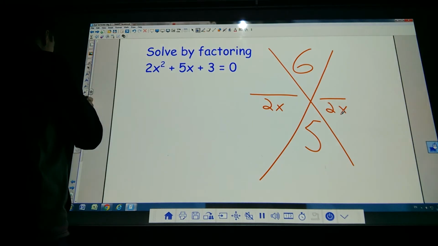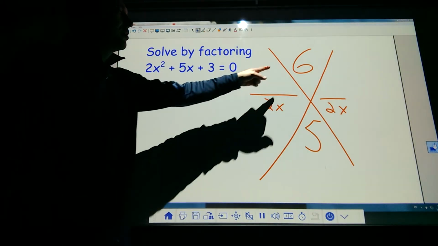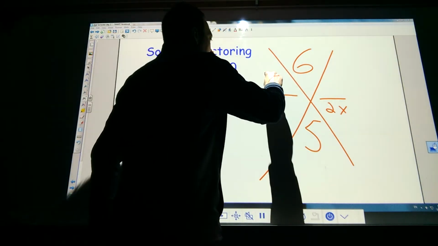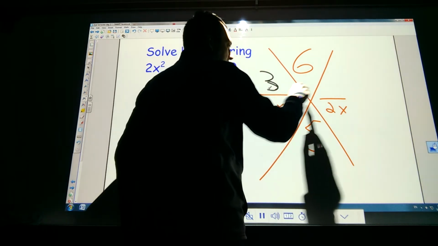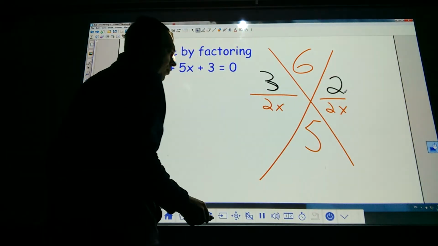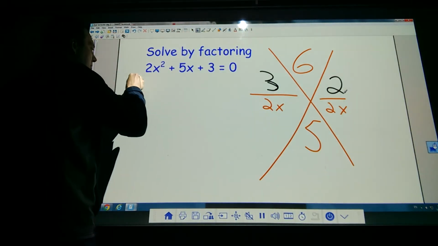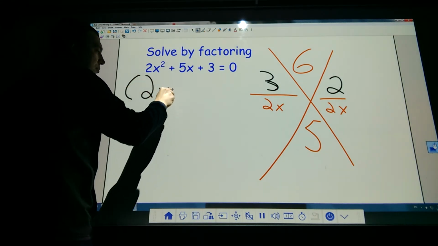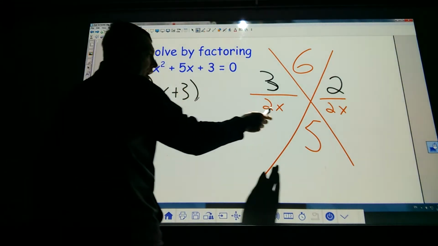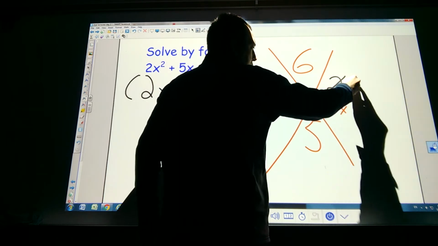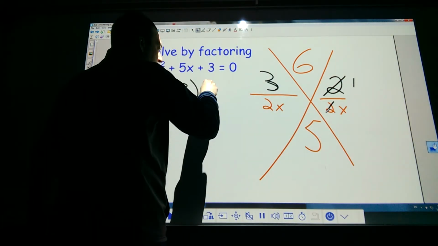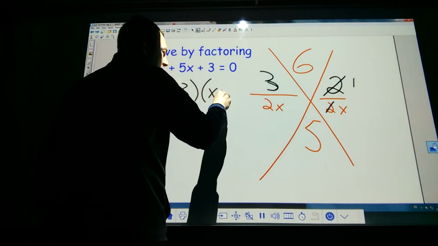What 2 numbers multiply to give me 6 and combine to give me 5? 3 and 2. This parenthesis is done. 2x plus 3. The other parenthesis, I can divide both of those by 2. So I have x plus 1.